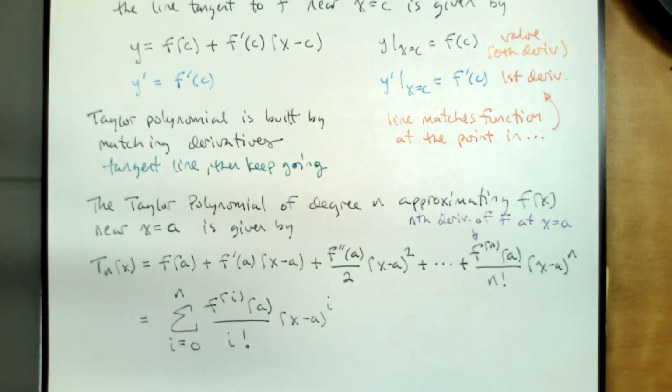So here's our sum. i goes from 0 to n. So we start with i equals 0. That would be the 0th derivative of f at a times (x minus a) to the 0 power over 0 factorial. Remember, 0 factorial is 1. (x minus a) to the 0 is going to be 1. And the 0th derivative of the function is just the function.